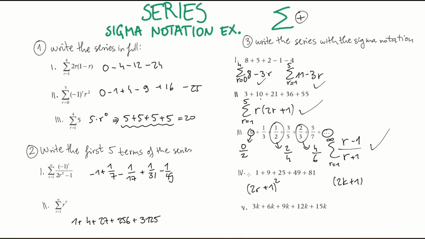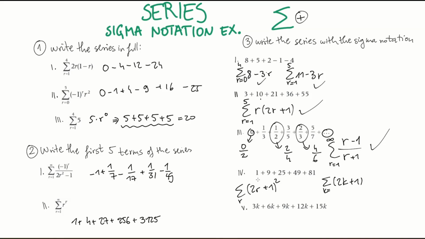squared, and since we used r, we will also use r for the sigma notation, but in case you wrote that one down, you can just use k running from a certain number to a second certain number.